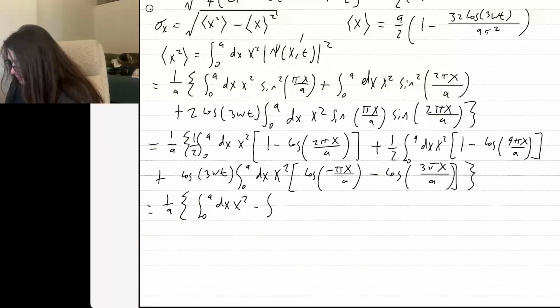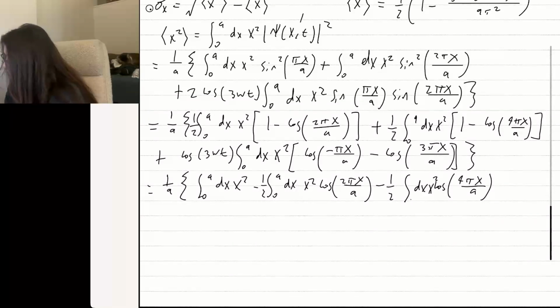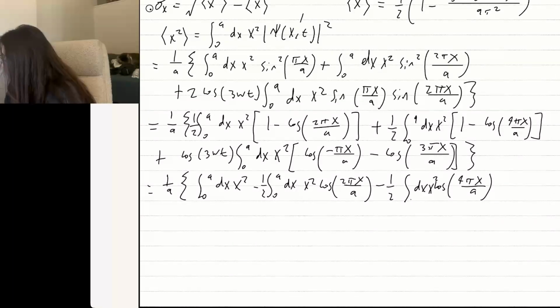Minus 1/2 the integral dx x squared cosine 2 pi x over a, minus 1/2 the integral dx x squared cosine 4 pi x over a. I'm going to stop writing the bounds because you know that the bound is 0 to a. It's the infinite square well problem.